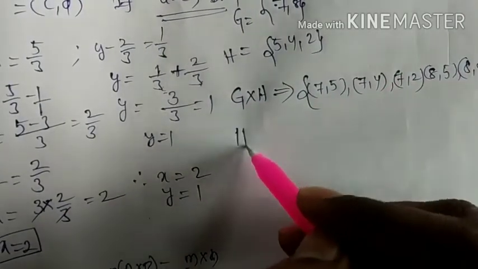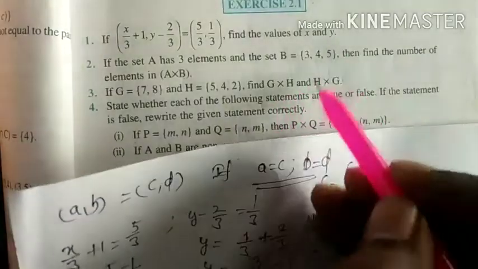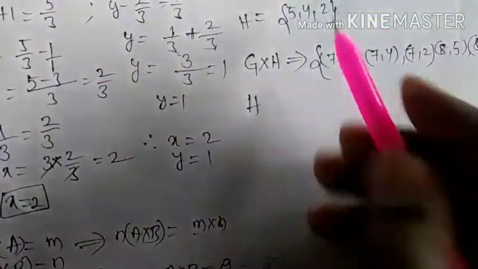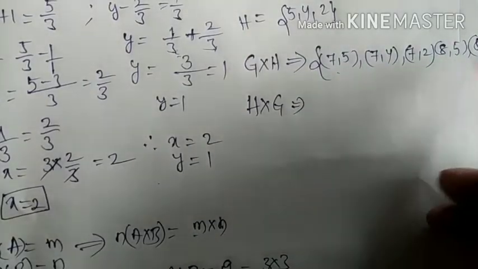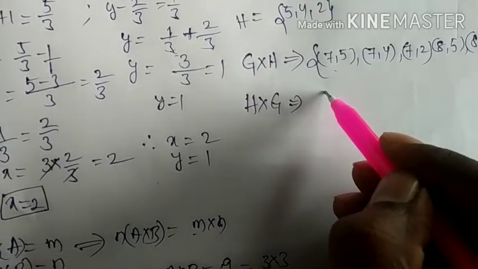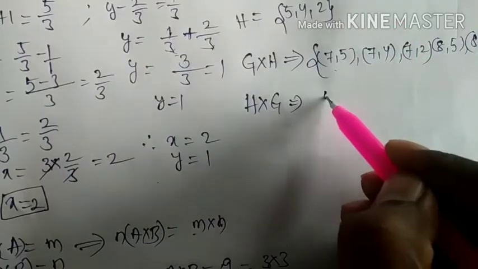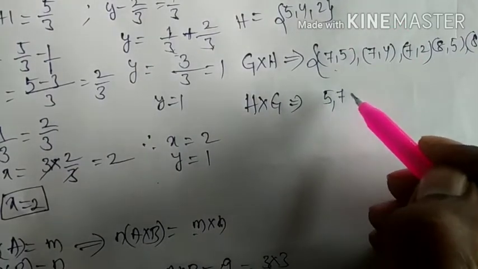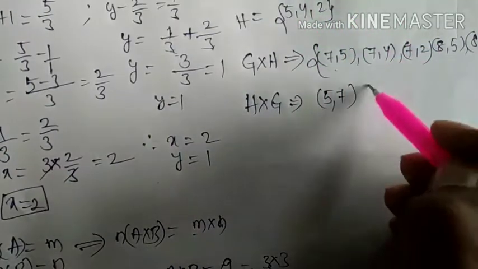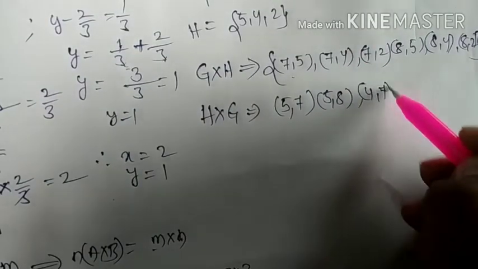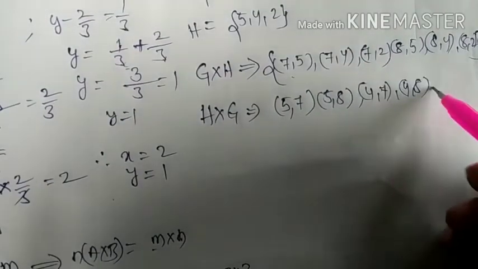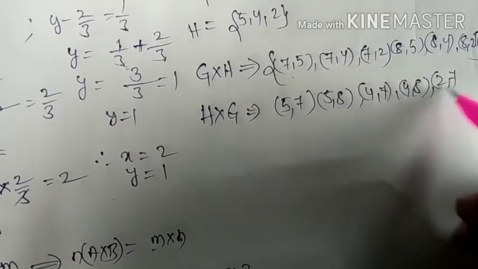H cross G we also need to find, because in the question H cross G is also asked. The ordered pairs should just be reversed. So here it is (5, 7), (5, 8), (4, 7), (4, 8), next (2, 7), (2, 8).